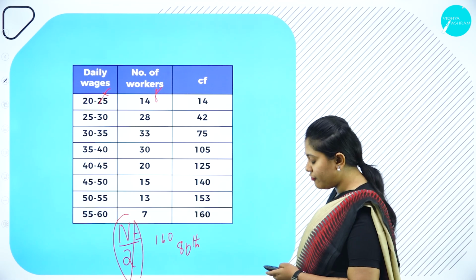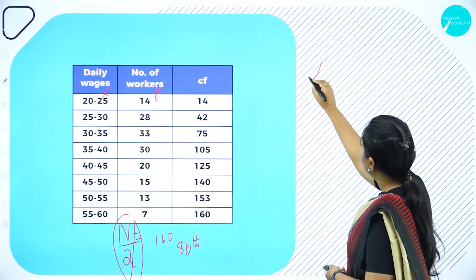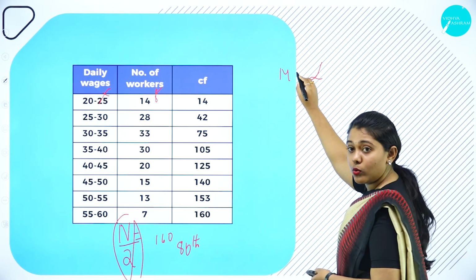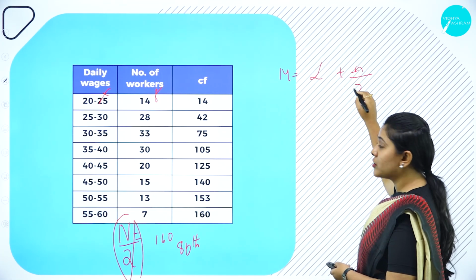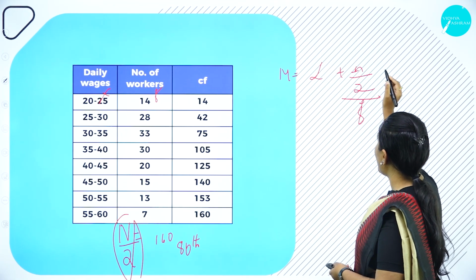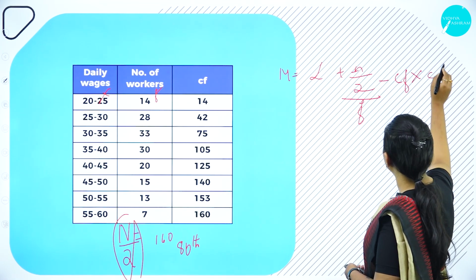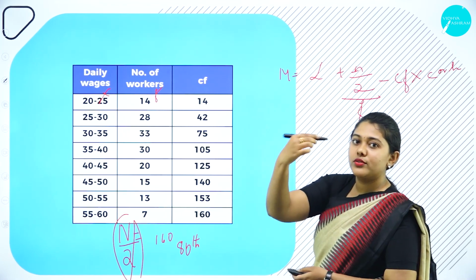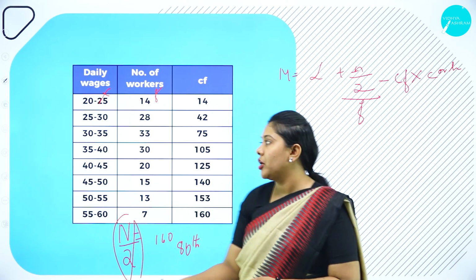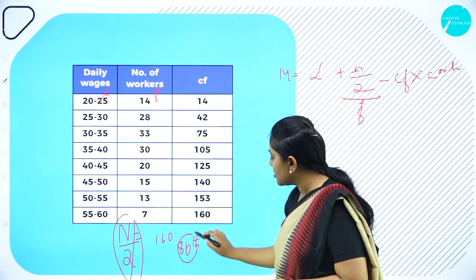So what is the formula of median for a continuous series? Median is equal to lower limit plus n divided by 2 minus cumulative frequency, whole divided by F, into C, which is sometimes also denoted as H. So what is the lower limit? We got 80.